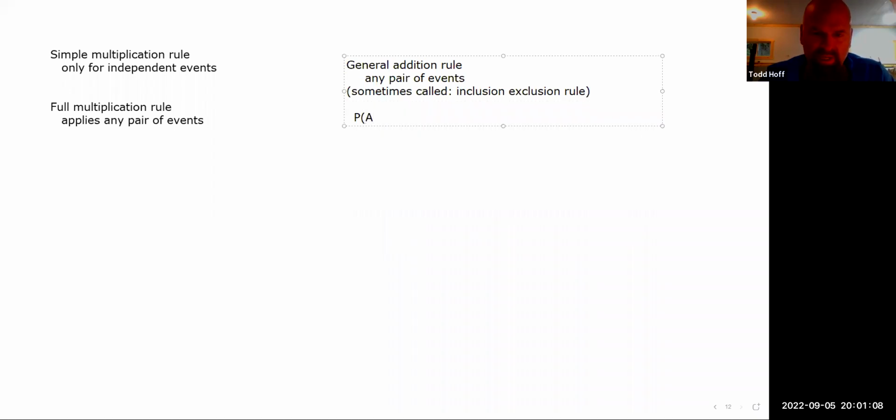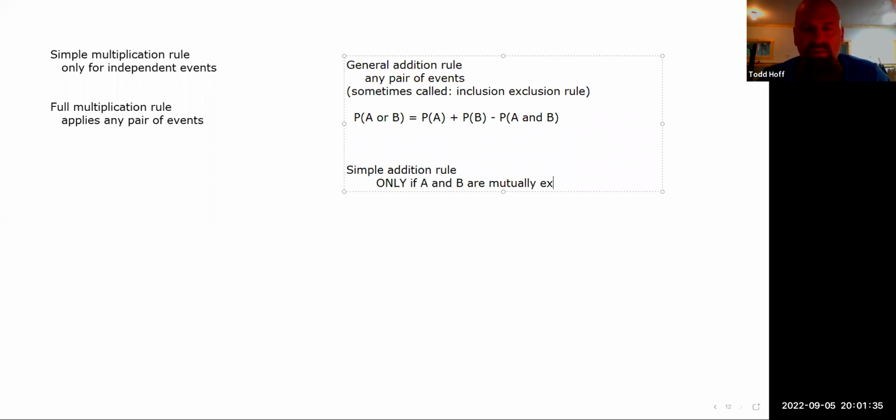The probability of A or B is the probability of A plus the probability of B minus the probability of A and B. The simple addition rule applies only if A and B are mutually exclusive. In other words, the probability of A and B, the probability of them happening together, is 0. They cannot happen at the same time.